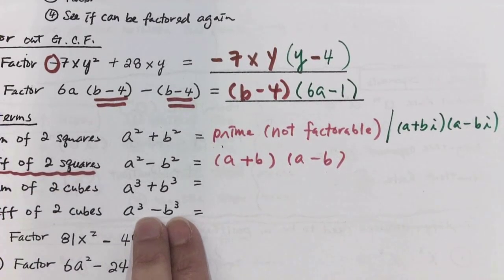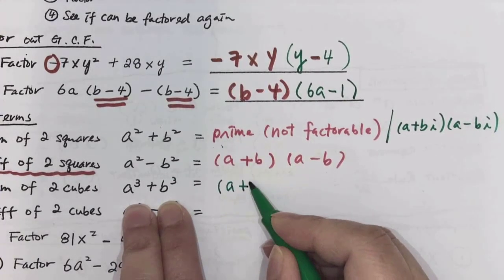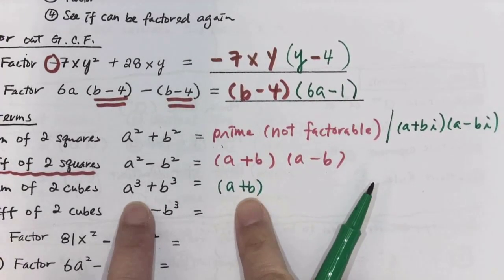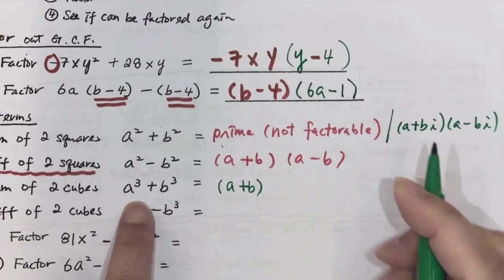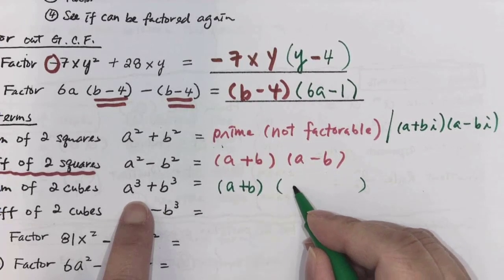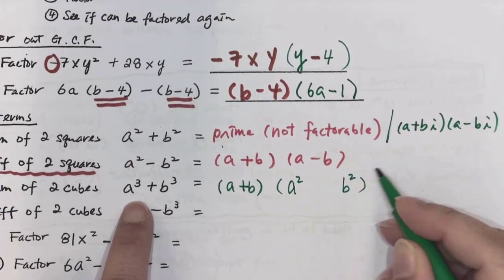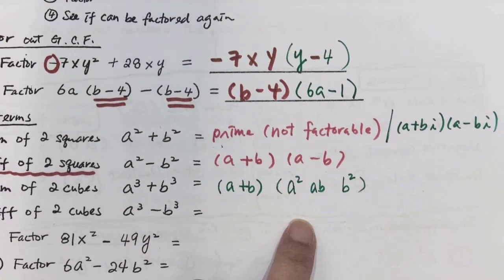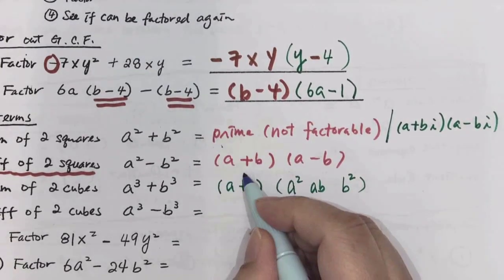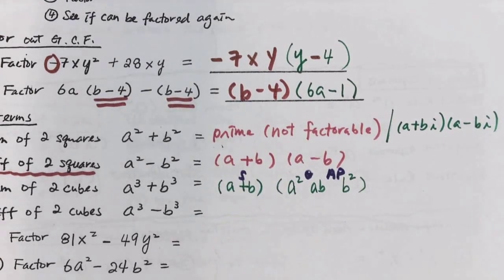So the way I remember it is, I'm going to write down a plus b, just like what you have here without a cube, right? And then I call this part a sandwich. The first term needs to be squared, the last term needs to be squared, and then we have one of each, ab. And the sign here is SOAP, SOAP.